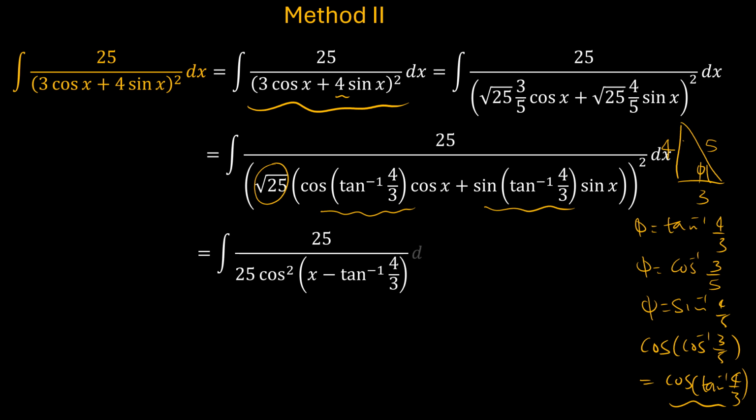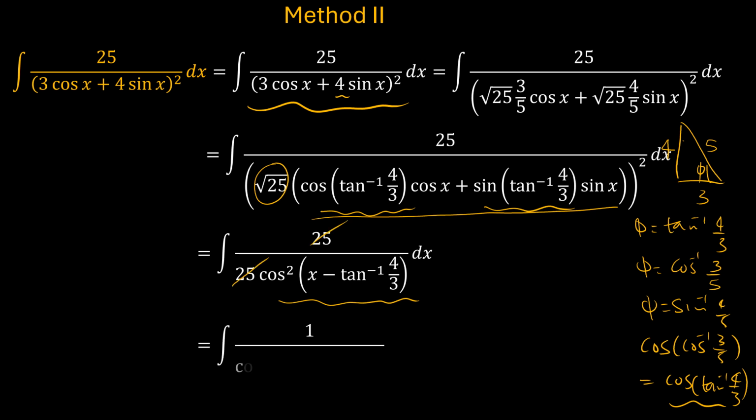But then you have this part here becoming cosine of x minus the arctangent of 4 over 3. And when we square that, it becomes cosine squared of x minus arctangent of 4 over 3. So the 25s there cancel.